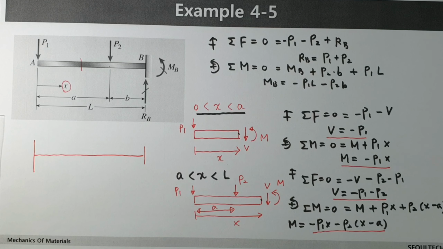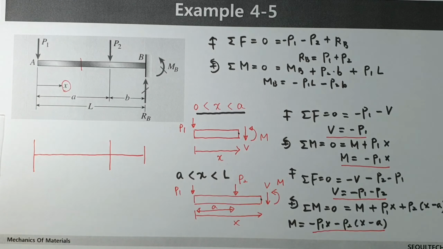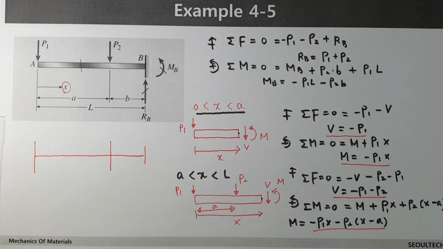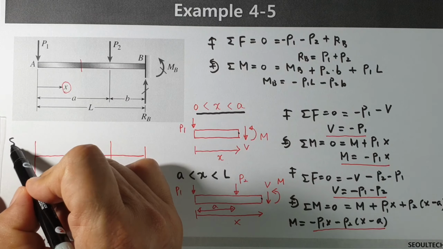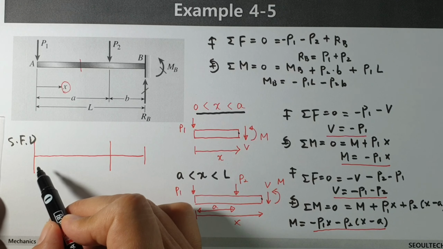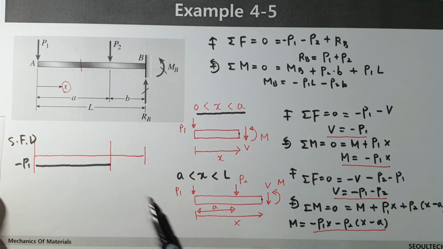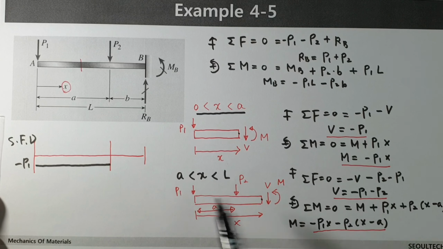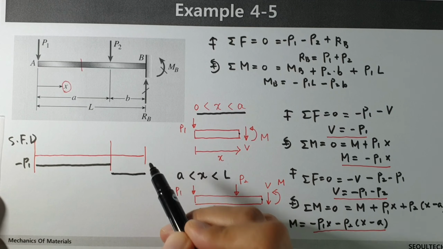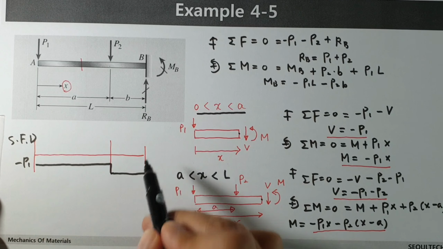In this range, location A is located there, and in this region we have minus P1 on the shear force diagram, like this. And in the next region, minus P1 minus P2. Okay, we can draw this kind of shear force diagram.